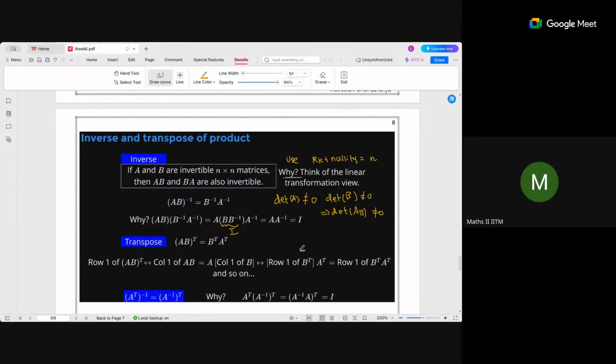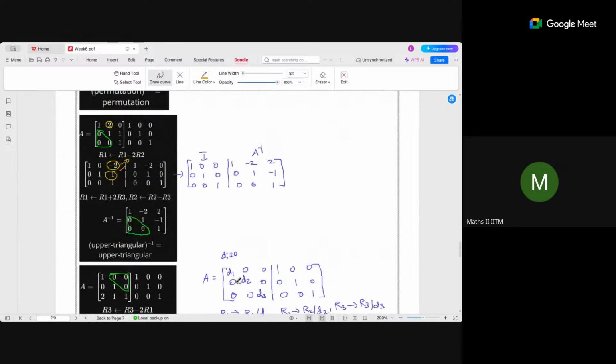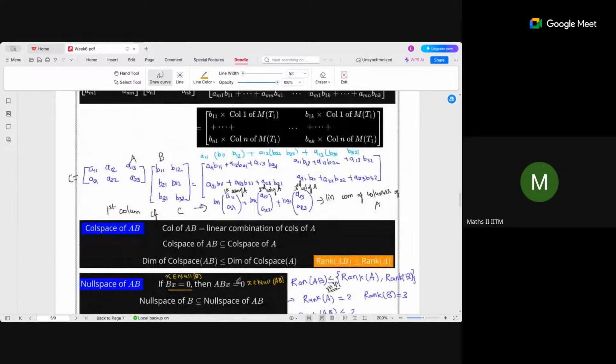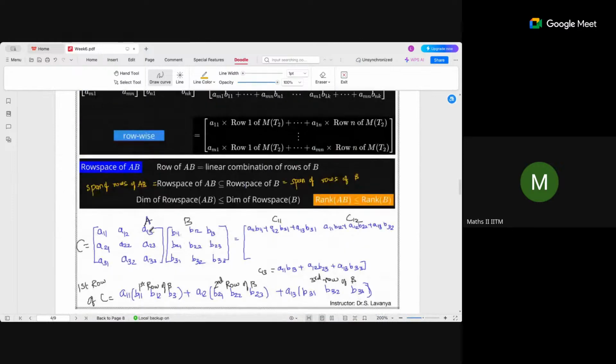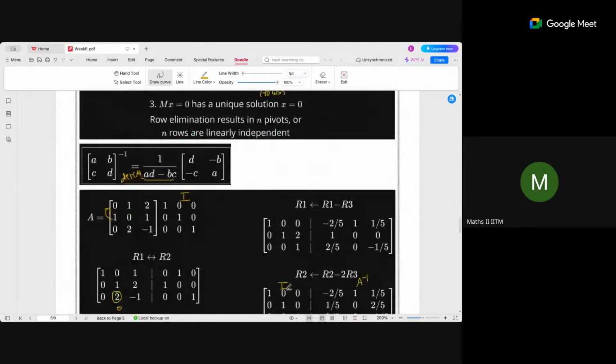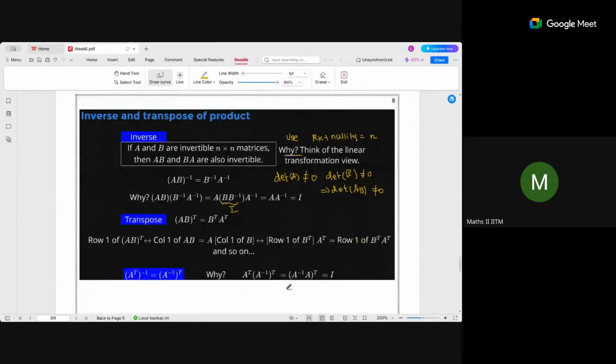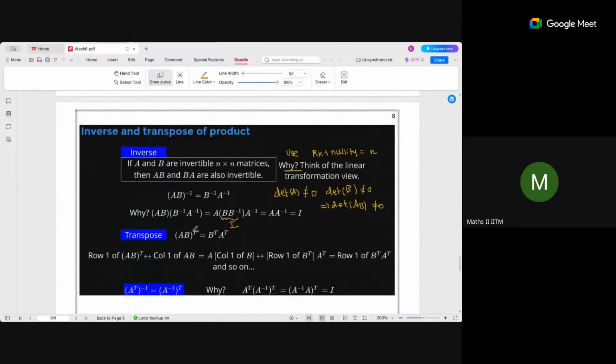If you try it with an example of square matrices, you can very easily see that (AB) whole transpose is equal to B transpose A transpose.